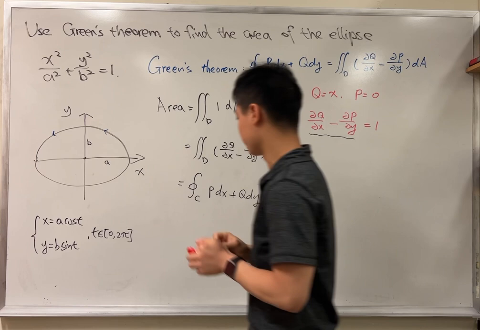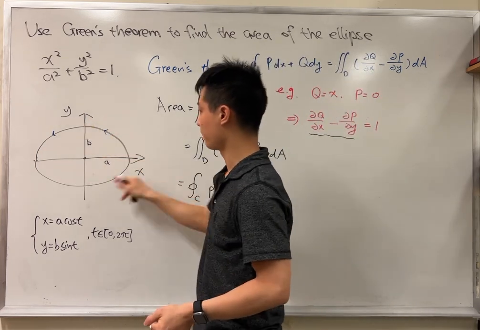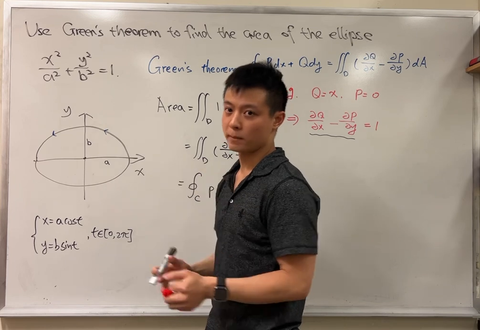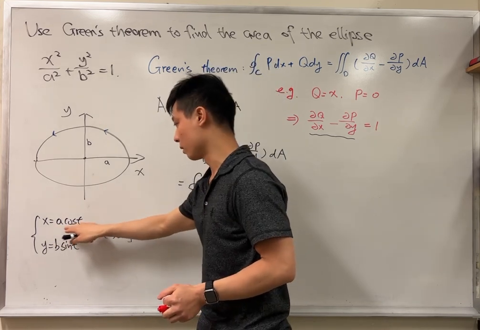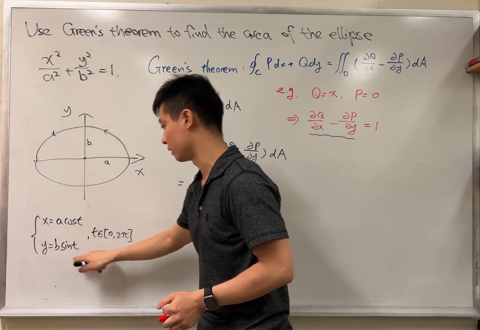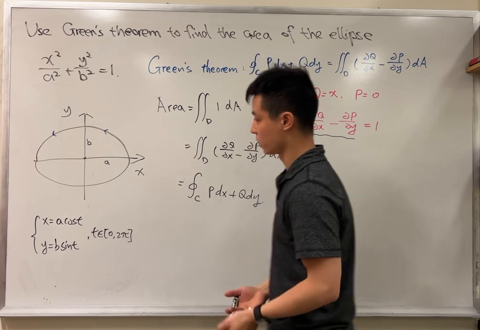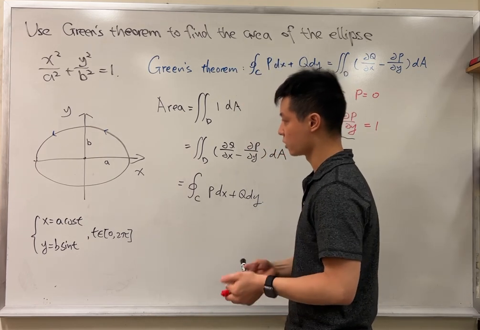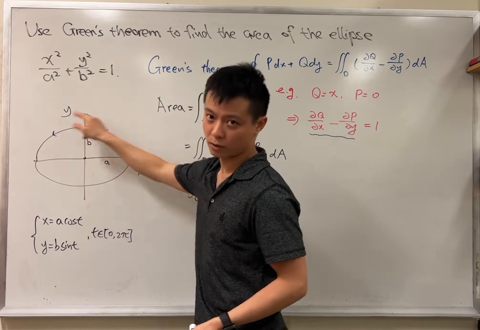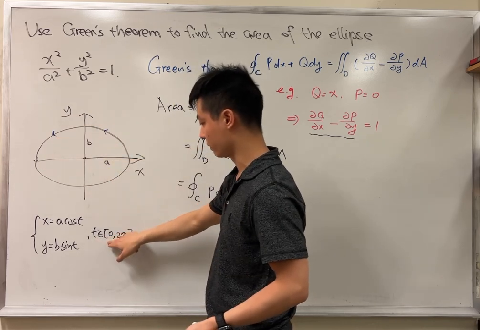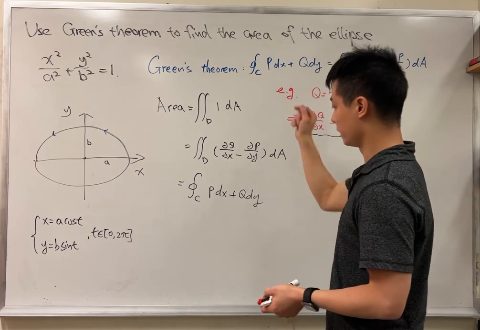We then take a look at our curve, which is the boundary of this ellipse. We have the parametric equation of this ellipse, which is x equal to a cos t, y equal to b sin t, where t ranges from 0 to 2 pi. And this parameterization tells us that this curve is going counterclockwise as t ranges from 0 to 2 pi. So it satisfies what is required in the theorem.